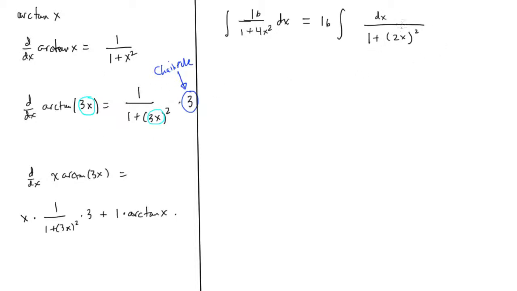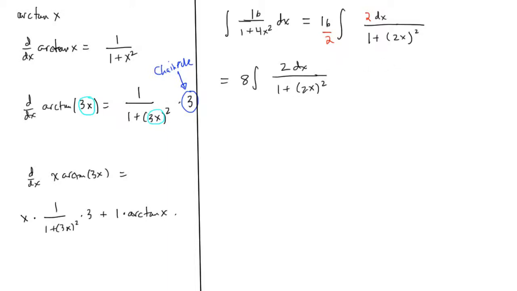I can't quite do this just yet because, like in this problem, we had a 3x on the inside and also a 3 on top. In this problem, we've got a 2x on the inside, but there's no 2 there. So I'm going to do the standard trick of putting a 2 in and taking a 2 out. Of course, 16 over 2 is 8, and so now I've got 8 times 2 dx over 1 plus 2x squared.